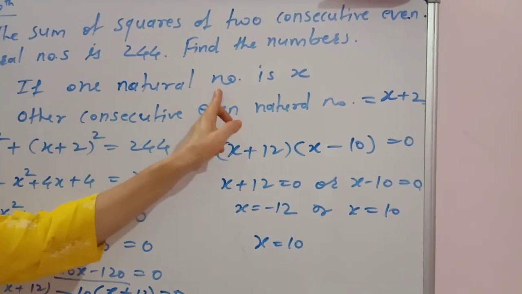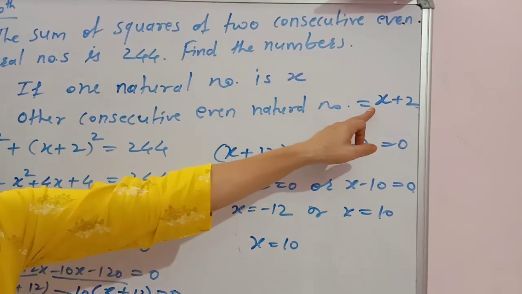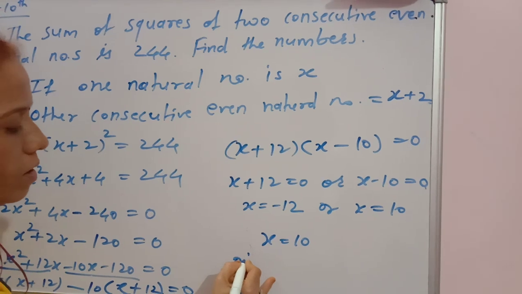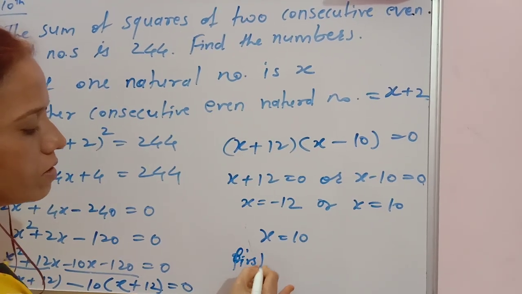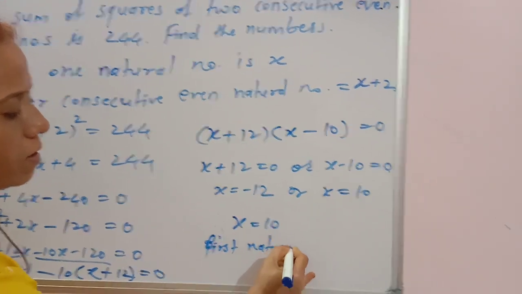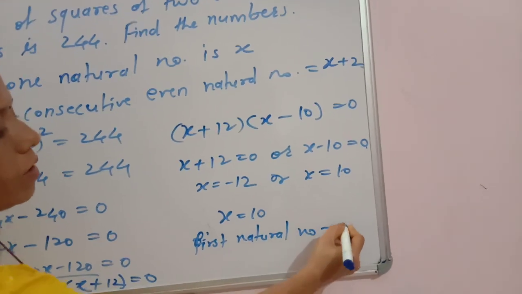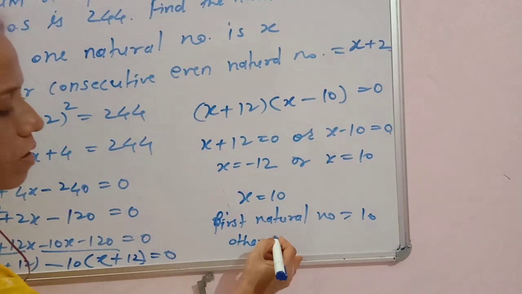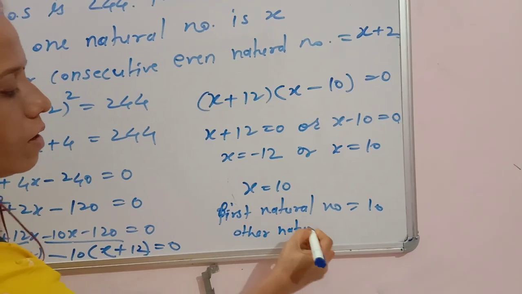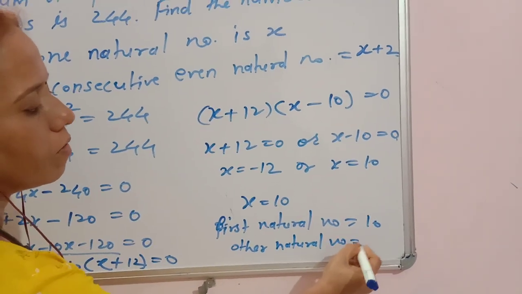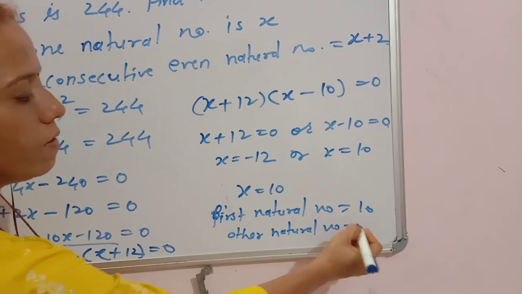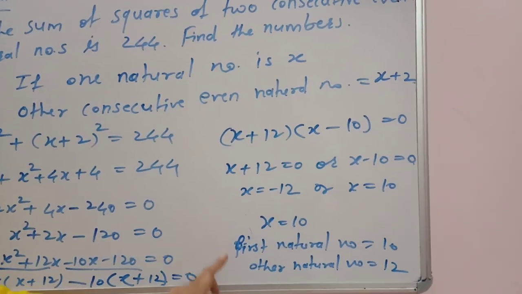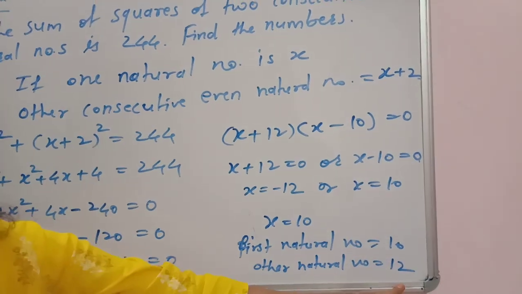If one natural number is x, the other is x plus 2. So the first natural number is 10, and the next natural number is x plus 2, that is 10 plus 2, that is 12. So we have found the two natural numbers: 10 and 12.